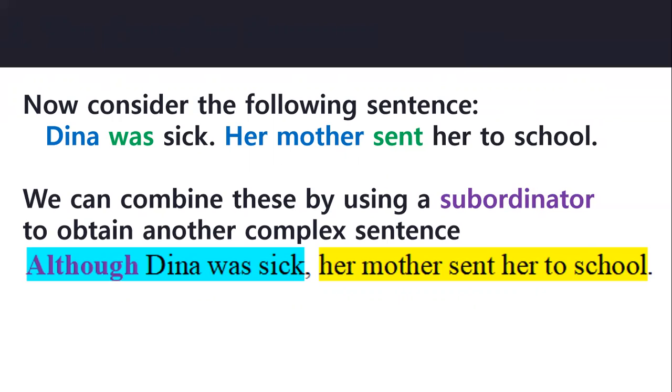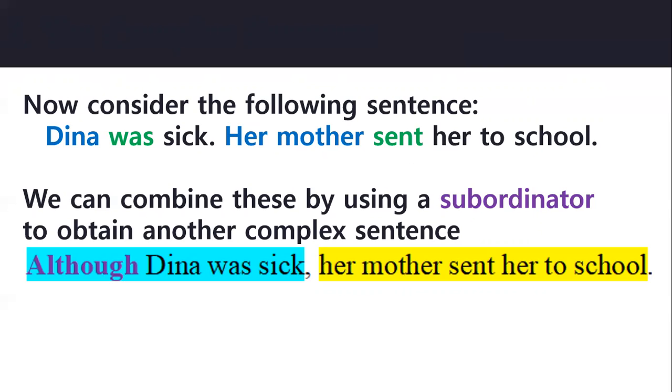If you say just this alone, it will not make sense on its own. Although Dina was sick, you are still waiting for some information to complete your sentence. Otherwise, her mother sent her to school is a complete, understandable sentence.